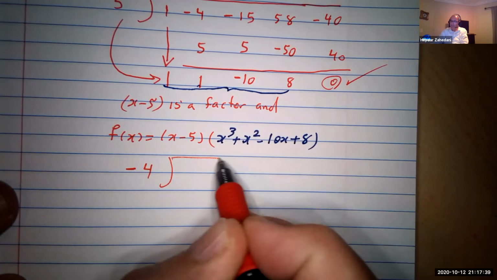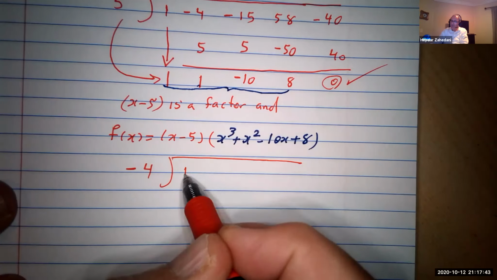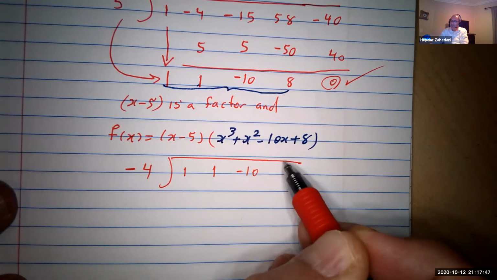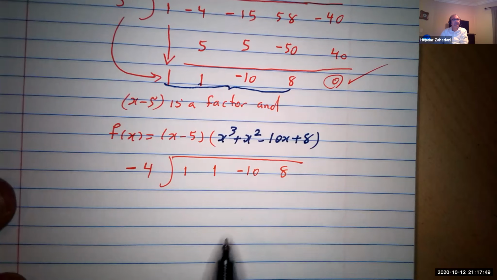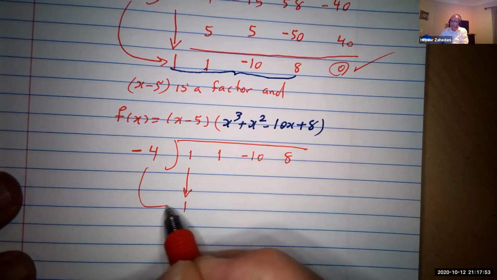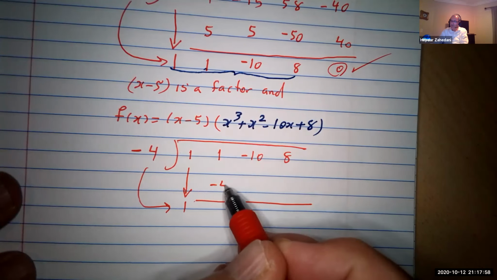-4. The same coefficients, 1, 1, -10, and the 8. We bring the 1 down, and -4 times 1 would be -4.